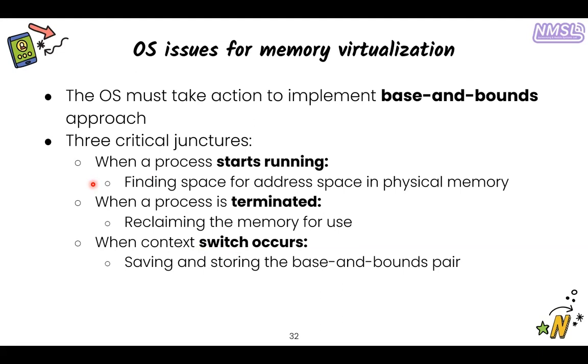If the process is done, the memory that process was using, you want to take it back so that you can recycle it. Now the fun part is when the context switch occurs. Then you have to save the base and bounds of the current process, and also load the base and bounds of the new process. Because again, with context switching, you might have to go back and forth, so you have to maintain those values.